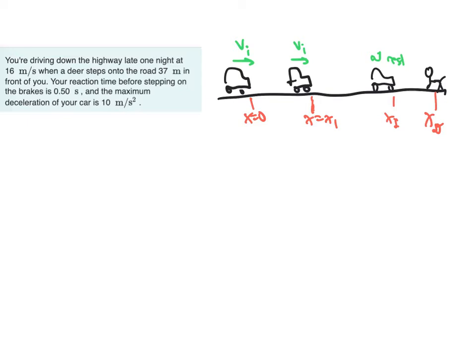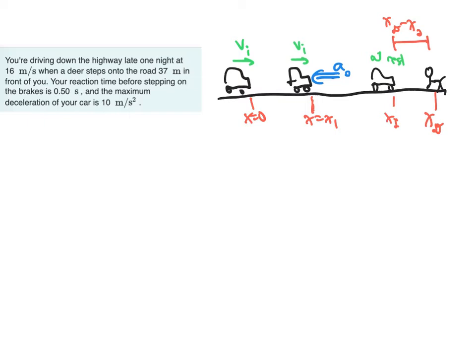What they're looking for in part A is this distance, x deer minus x2. We also know that there's a deceleration going that way, which I'm going to call a initial, it doesn't matter.